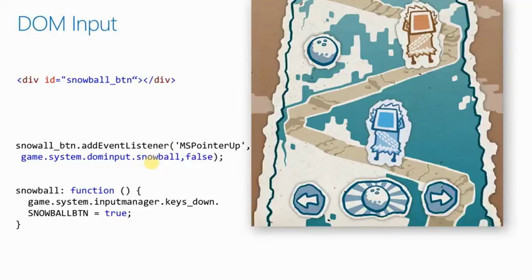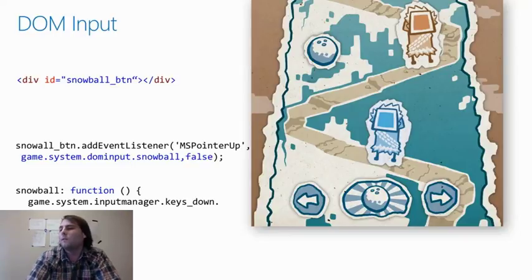And this ties into the game system more. So on our MS pointer up, we're going to fire the game.system.input.snowball. That is essentially a function that lives in the game system namespace, and by writing it that way, it lets us call it from multiple places.